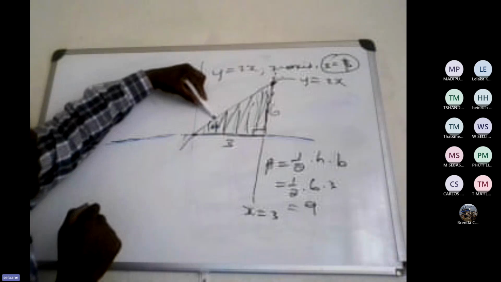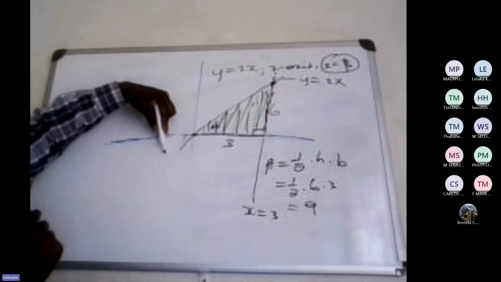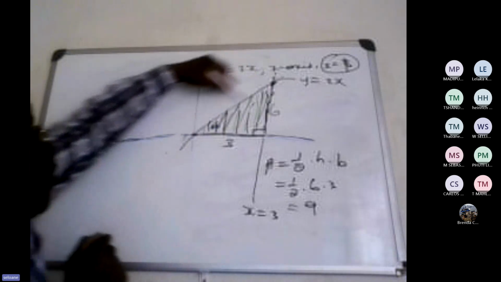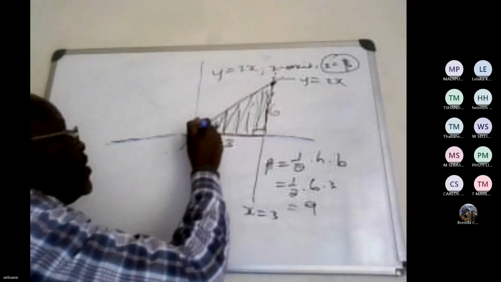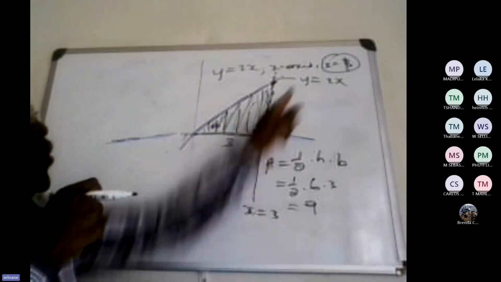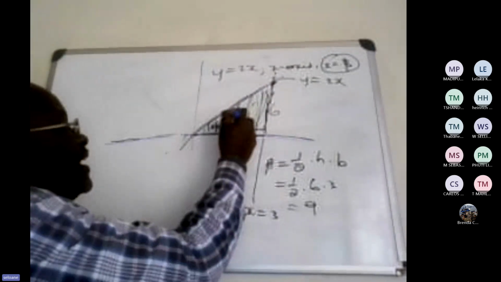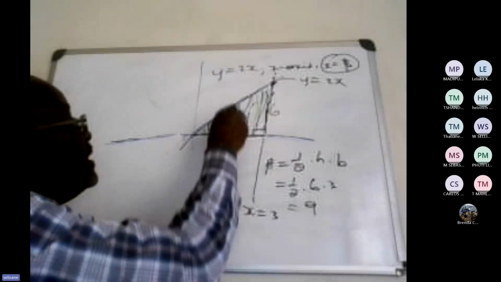If you are here, you want to get out vertically, you're going to be prevented by part of this because it's y equal to 2x. Anywhere here is y equal to 2x. If you are here, you want to go up, you're going to be stopped by this.